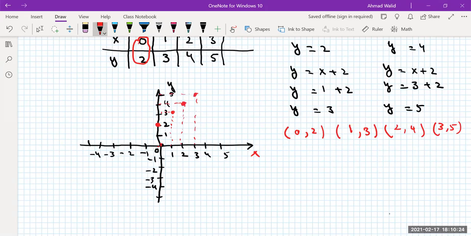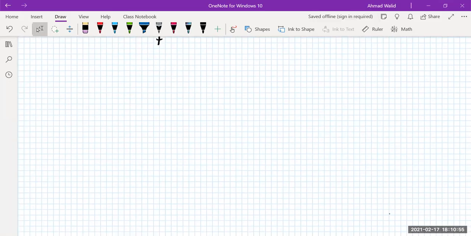And if you connect these points with each other, you will end up with this straight line. And this line is the graph of y equals x plus 2. We call this method the plotting method. Correct? One more example.